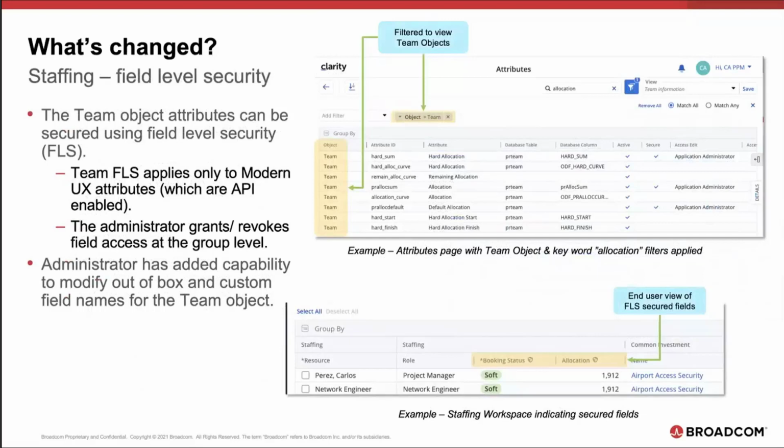And then again, consistent with FLS, the administrator grants or revokes field access at the group level or simply suppresses the field altogether. Administrators also have the added capability to modify the out-of-the-box custom field names, and that topic is going to be covered tomorrow in another section.